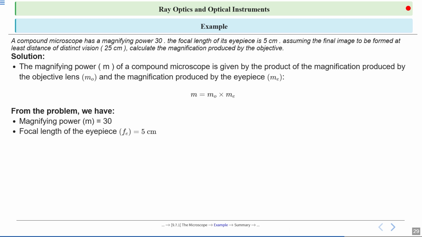The focal length of the eyepiece is 5 centimeter. This parameter is essential because it influences the magnification produced by the eyepiece, which we will need to consider in our calculation. The least distance of distinct vision is 25 centimeter. This is the distance at which the final image is formed, and it's a standard value used in optical calculations. It helps us determine the magnification produced by the eyepiece.